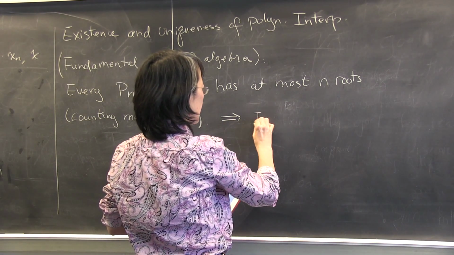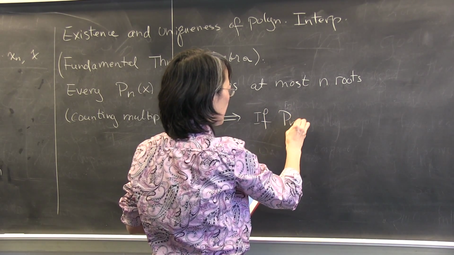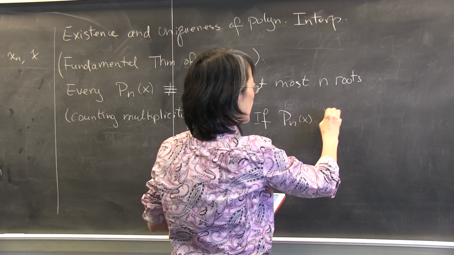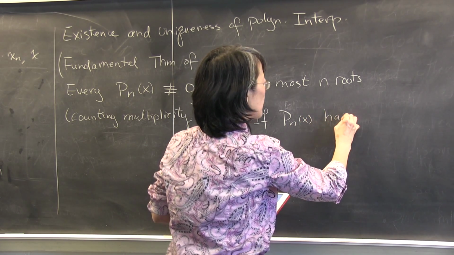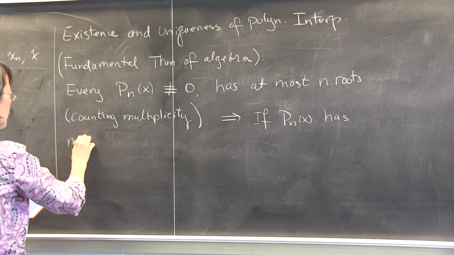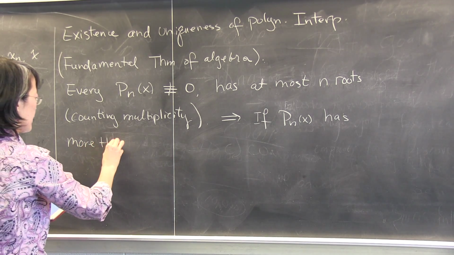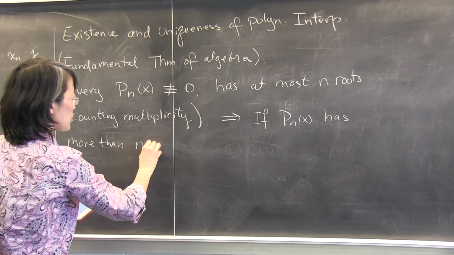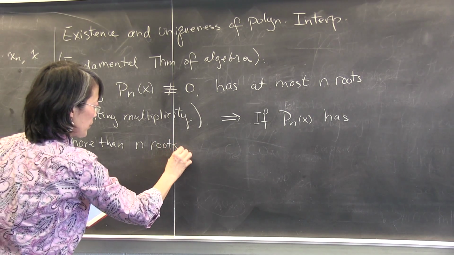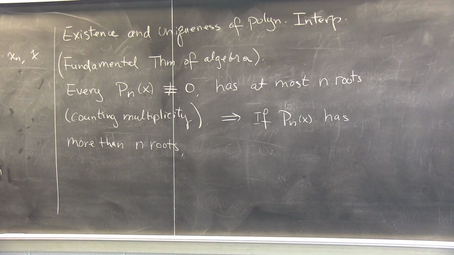Let's write it out. Now, if I have a polynomial Pn of x, and the polynomial has more than n roots, what happens to the polynomial? The polynomial is of degree n, and then I found n plus 1 roots. For n plus 1 different values of x, the polynomial equals 0.